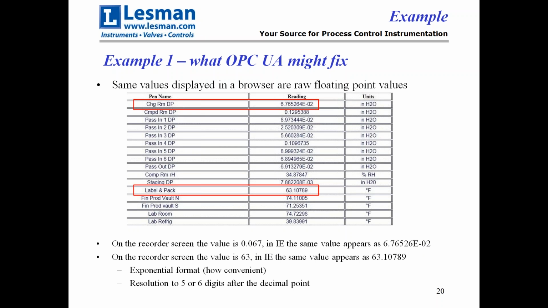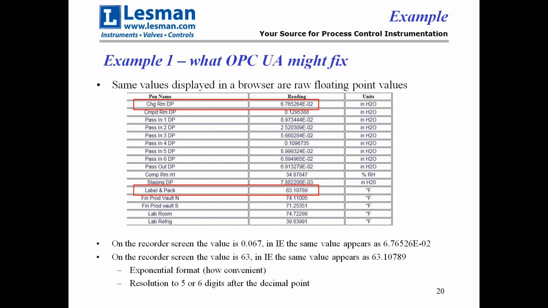And it shows up as 6.76526E-02, which is engineering or exponential notation, where this is times 10 to the minus 2, but you literally have to sit down with a pen and pencil and move the decimal points to figure out that it's 0.067.